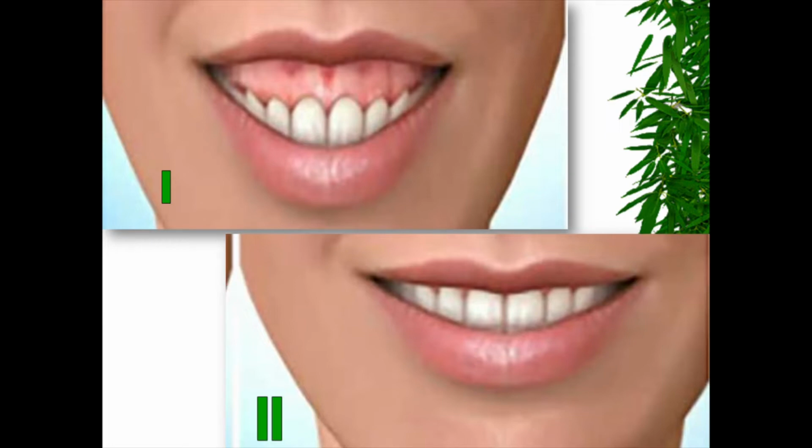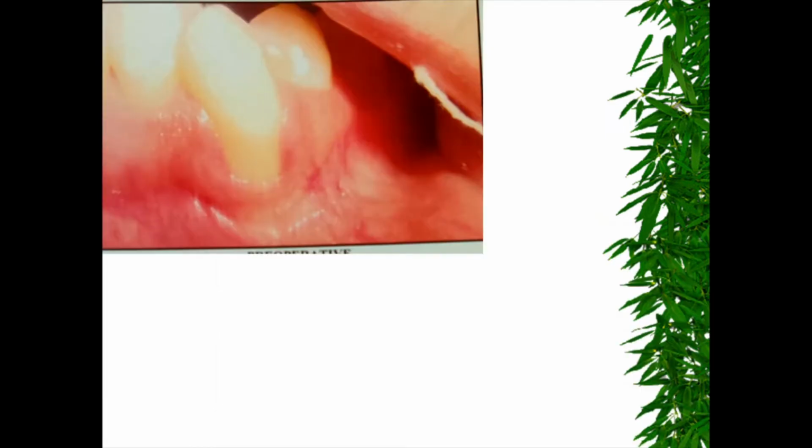That is not there in pic number 2. So pic number 2 is more aesthetically appealing. It is more aesthetic. Over here, more of the gingiva is displayed.